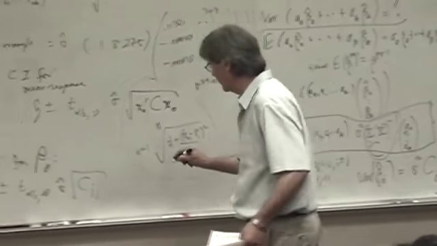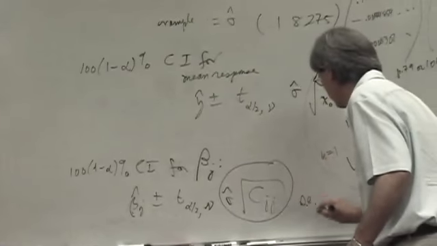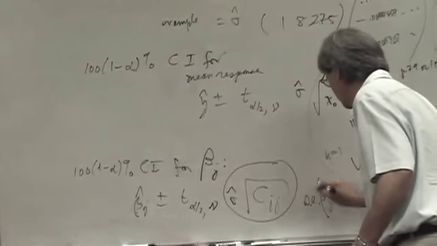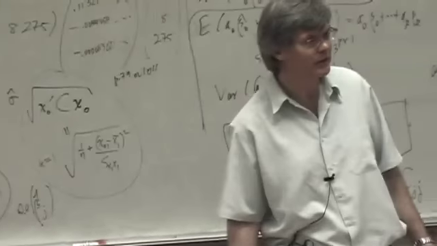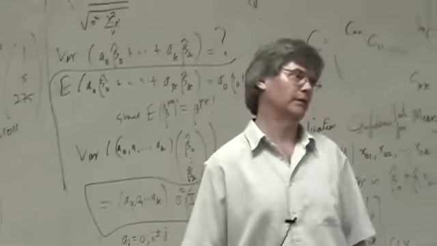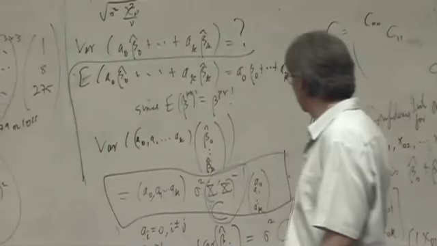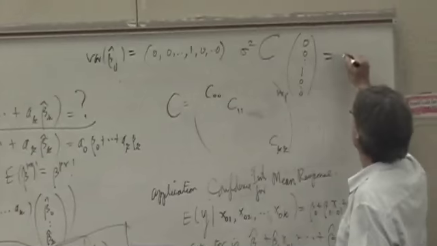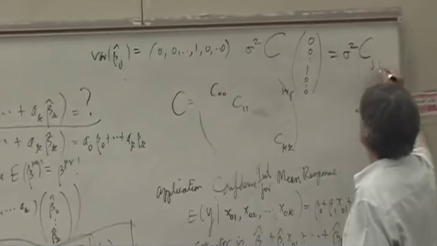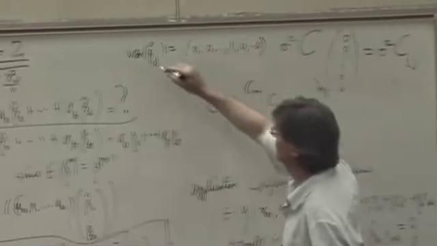And this is what's called the standard error of beta j hat. It's just the estimate of the square root of the variance. In other words, I take the square root of the variance, which was right here, sigma squared cjj. I didn't finish that up; this was the variance here.